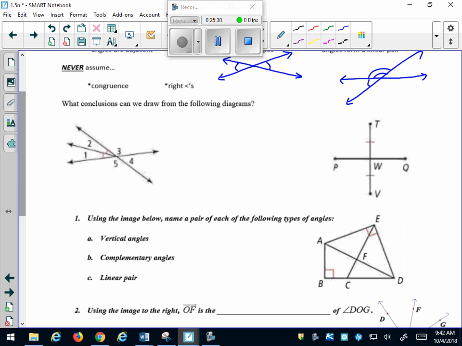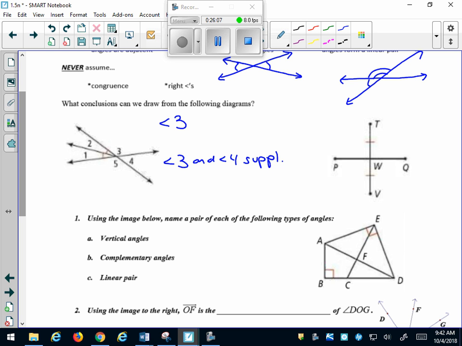Okay, so what conclusions can we draw from this diagram right here? Give me some conclusions. Okay, so you would say, since 3 and 5 are vertical angles, what could you state about them? Okay, so that's a separate statement. 3 and 4 are supplementary. So that's how they're related to each other, right? Because they are called a what?